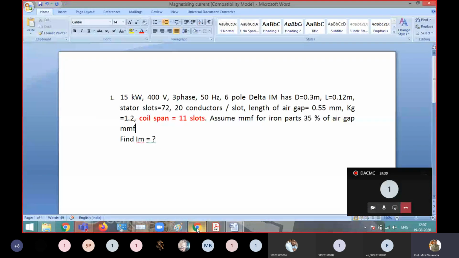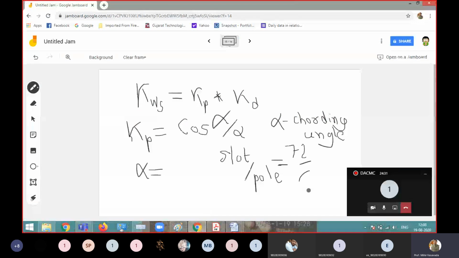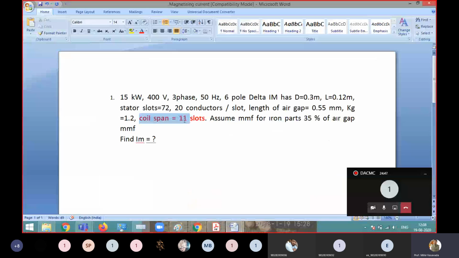Right. So it is 12. Now if it is a full pitch, you go on for 12 slots in between. Your coil span will be 12 slots. But here it is 11. So it is shorted by one slot.